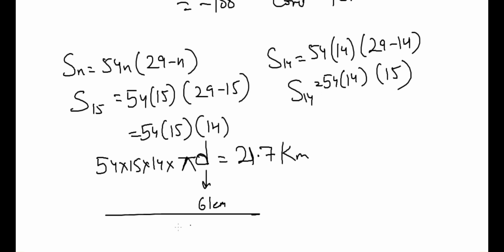To convert it, you need to divide by 5 zeros. Yes, 5 zeros. So you will get this many kilometers. It's easy. You can do this calculation with the calculator and comment.